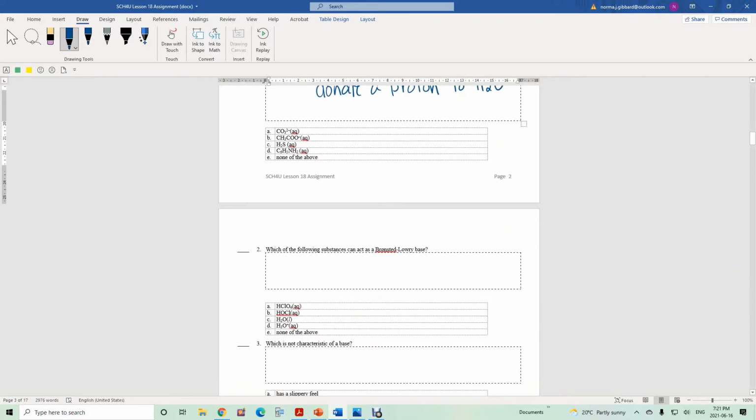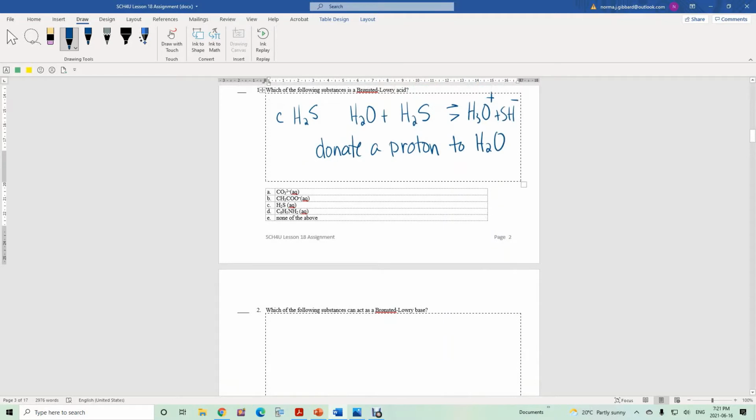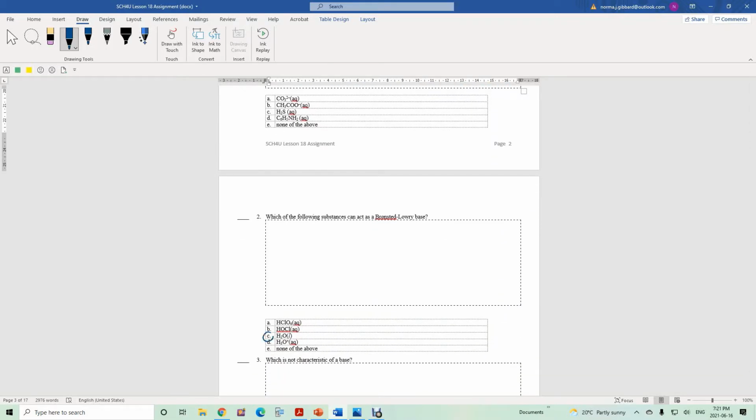Okay? Number 2, the answer here is H2O, which is also C. And here we know that H2O can accept a proton to become H3O plus.